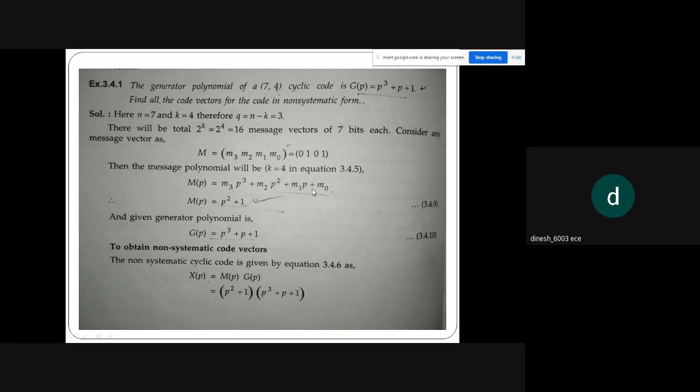So p power naught is always 1. Instead of m0 I substitute 1. Instead of m1 I substitute 0. Instead of m2 I substitute 1. Instead of m3 I substitute 0. So when I simplify this, I get p square plus 1. P square plus 1 is your message polynomial, when I consider an example message vector of 0 1 0 1.